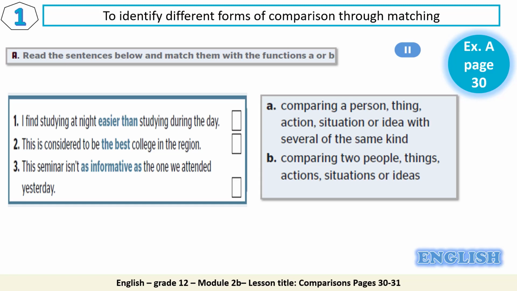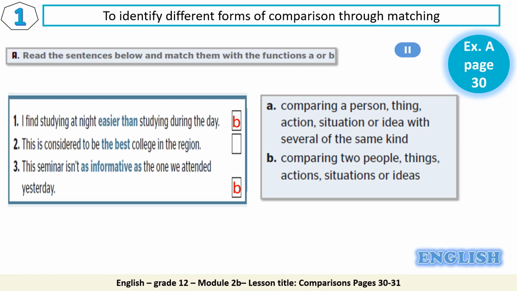So, 2 out of the 3 sentences are illustrations of the comparative form, comparing two people, things, actions, situations, or ideas. Can you decide which ones they are? Definitely, these are sentences 1 and 3, with the adjectives easier than and as informative as.